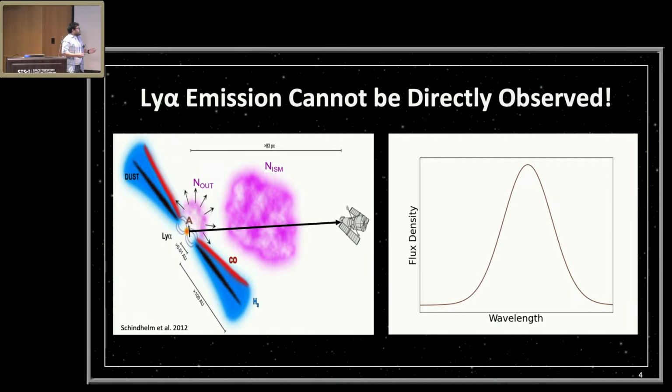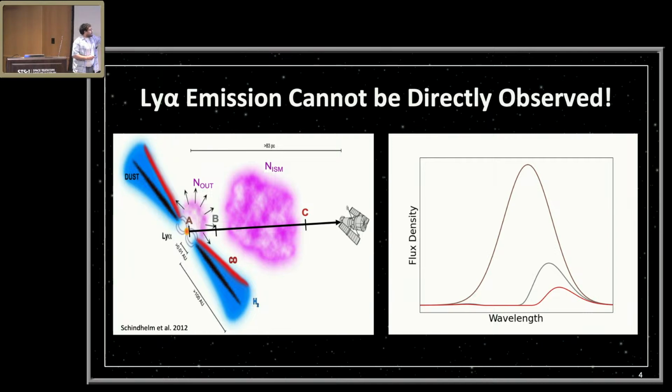It'll propagate through an accretion-driven outflow that has some atomic hydrogen in it, and that will attenuate some of that Lyman alpha light to give you a profile that looks like the gray curve over there. On its way to Earth, it'll pass through one or several clouds of the interstellar medium, composed again of atomic hydrogen, that'll further attenuate your Lyman alpha profile.